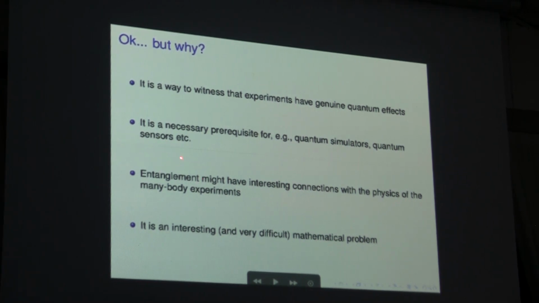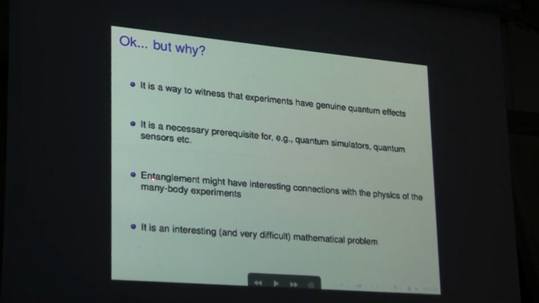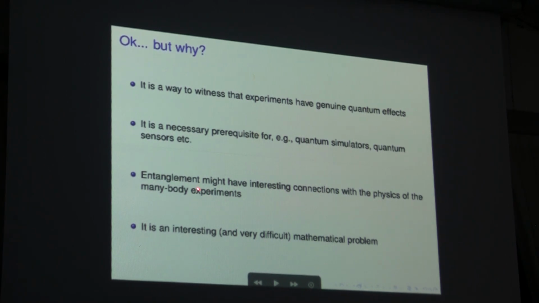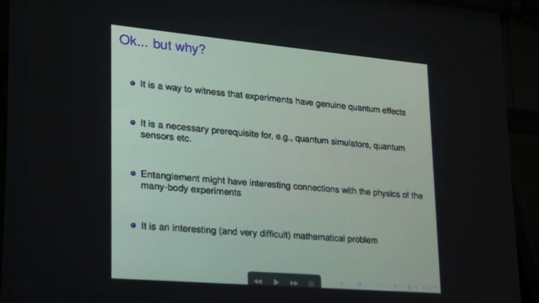And also, it has been noted that there is some interesting connection between entanglement and many-body physics. So this is a further motivation to go into the calculation of entanglement measures and verify that these are also present in the experiment in the lab. And I think for me the most important reason is that it's also an interesting mathematical problem which is very challenging, and it's an open question since decades now, and it still attracts a lot of efforts.